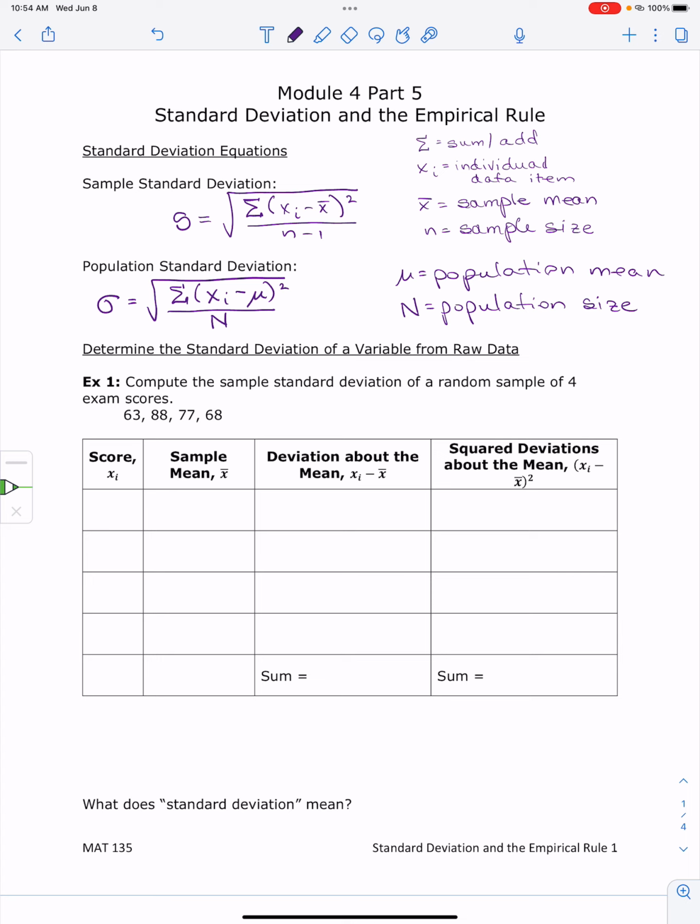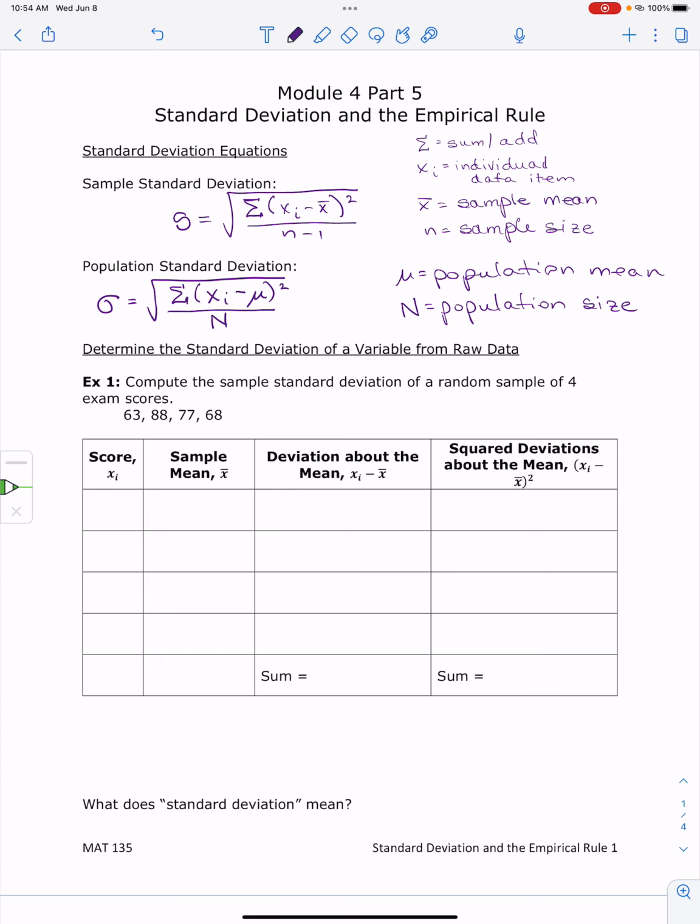Now notice those look exactly the same other than the symbols for standard deviation and for mean, and the denominators. When we have a sample, we want to account for the fact that we may have chosen a sample where our numbers are a little skewed, may not be completely representative of the population.